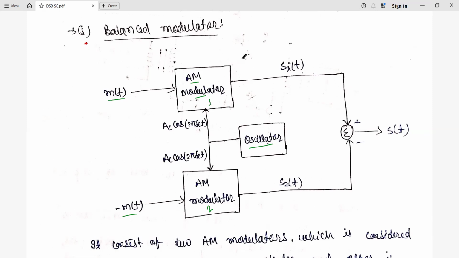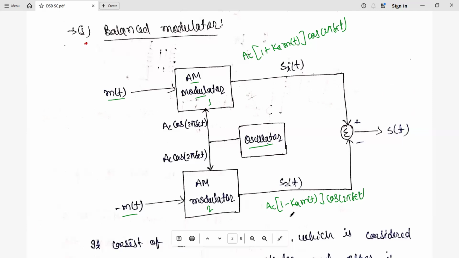So what will we have as the output of the first modulator? Ac [1 + Ka m(t)] cos 2 pi fc t, since the message given is m(t). Whereas the output of the second modulator will be Ac [1 - Ka m(t)] cos 2 pi fc t, since minus m(t) is given. Now both outputs S1 and S2 are given to this summer, one having a plus sign and the other a minus sign.